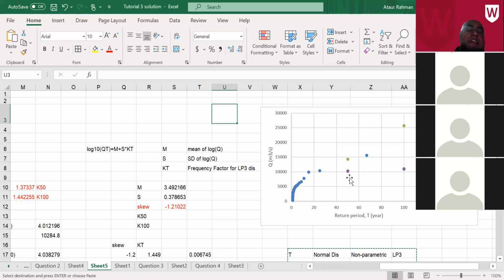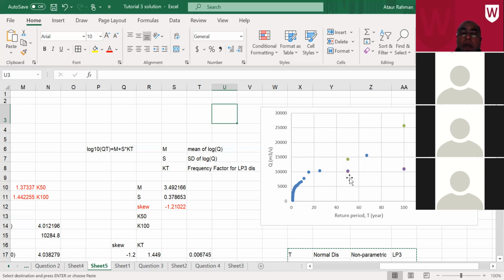Similarly, GEV will do well for many stations, but for some stations it will do very badly. That is why Australian Rainfall and Runoff does not recommend any particular distribution. The user or designer has to use their judgment, compare different methods, and make a decision for the design flow. We don't want to say use LP3 or GEV or any other distribution.